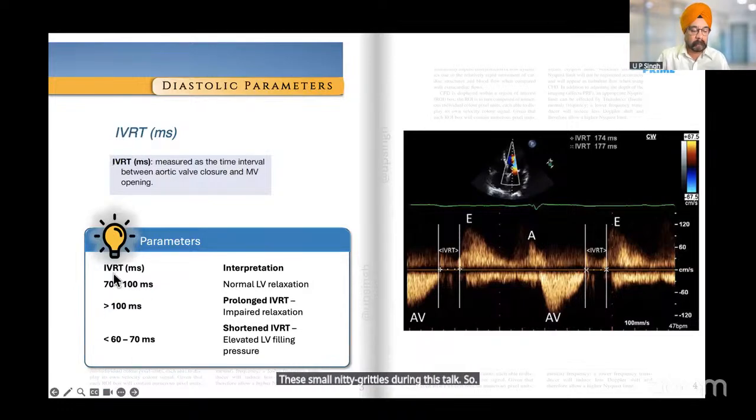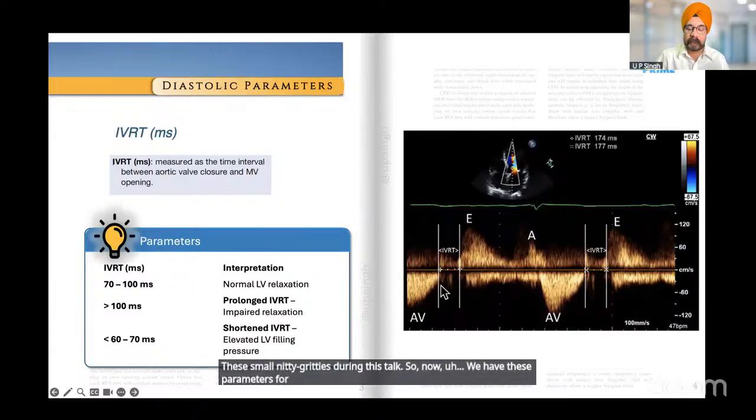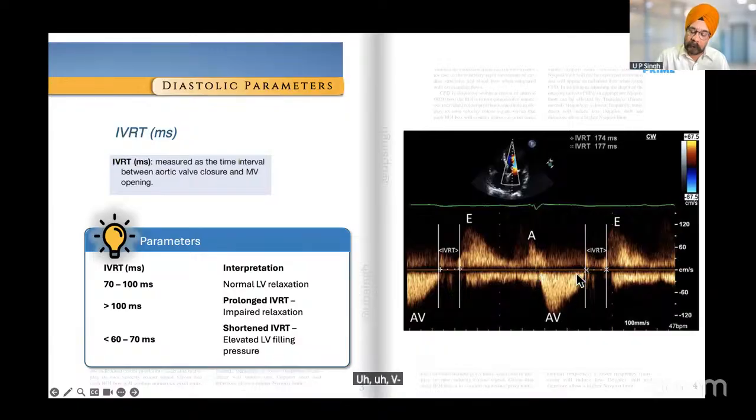So now we have these parameters, and for the IVRT, how do you take an IVRT? It is the isovolumic relaxation time. You take it from the end of systole, which is the end of the aortic flow velocity, to the beginning of the E wave.